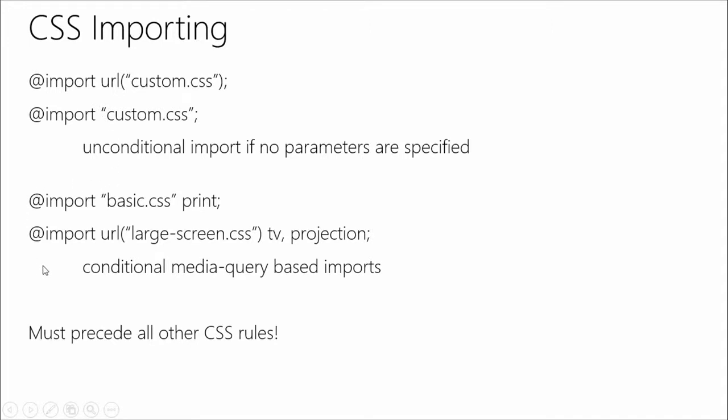Whereas for the two subsequent examples, you'll see I'm importing a basic.css for a print media type, so that just uses the basic CSS only if the print media query is triggered. Whereas this following one is importing the large screen CSS files for TV or projection media types. So if it's something like a large screen, perhaps you want to change up the CSS to make fonts larger, images larger, increase contrast perhaps. That's when you'd use something like that.